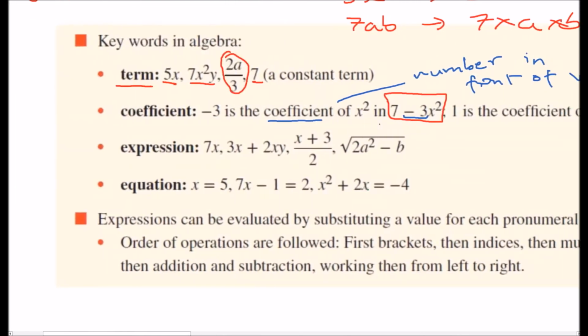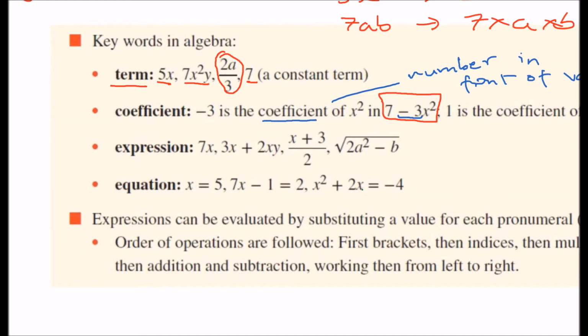Next one, an expression. An expression is a set of variables and terms and coefficients all put together. This here is regarded as an expression: 7x, which means 7 times x. 3x plus 2xy is also an expression. x plus 3, divided by 2, is also an expression.